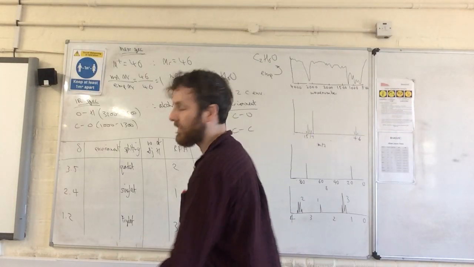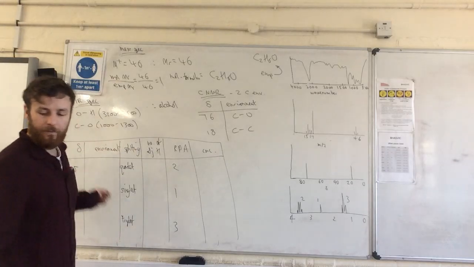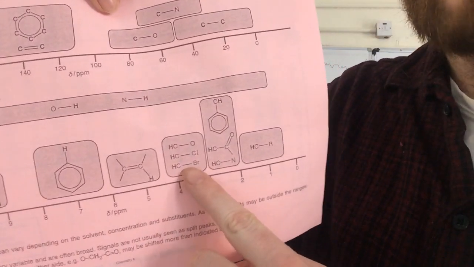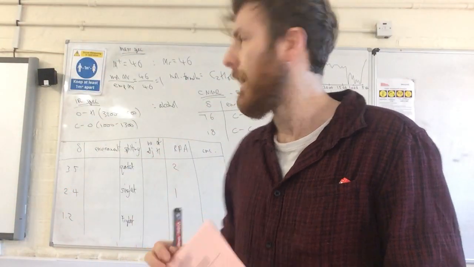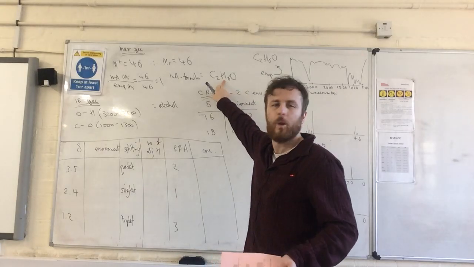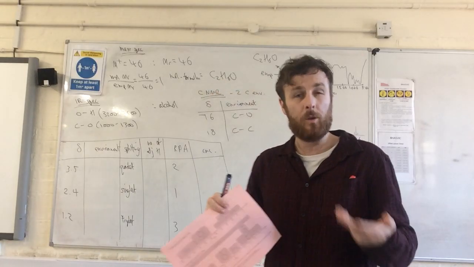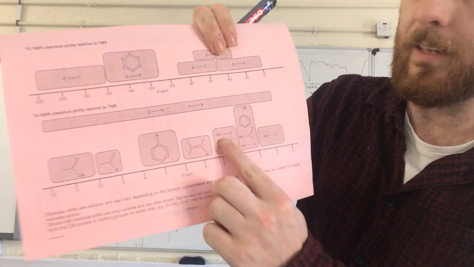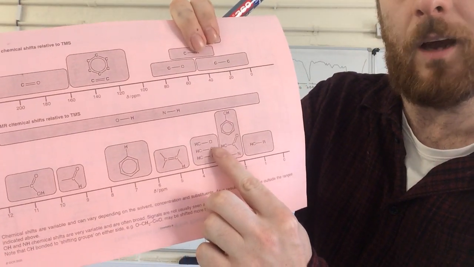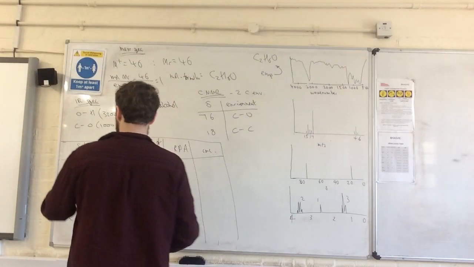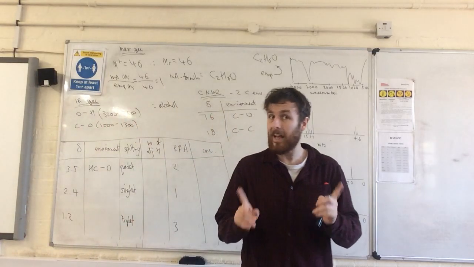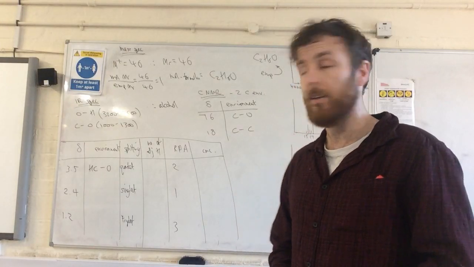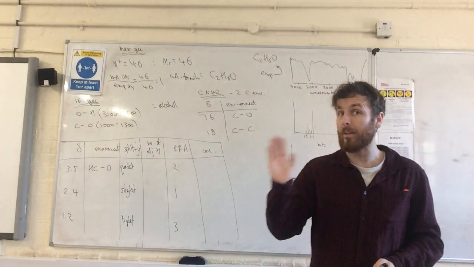So again, I know it's an alcohol, so at 3.5, from my choices here, technically it could be a H to C to Br, but alcohols don't have bromines in them. If we look at our molecular formula, there's no bromines. So by using our previous information, we can see that must be a H to C to O. So I can write down H to C to O. Now we know it's an alcohol, so we know it must have an OH, and OHs are always singlets.